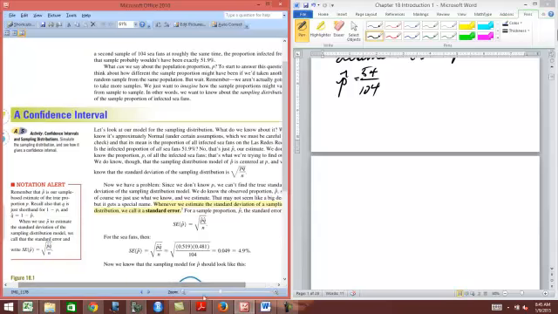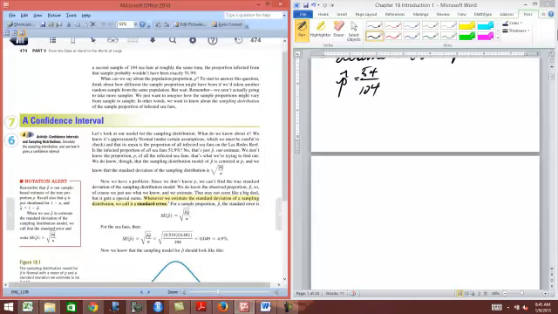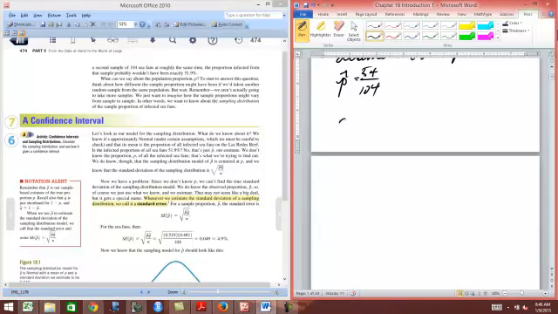Well, for the model, the approximate model distribution is going to be p hat, comma, square root of p hat q hat over n.